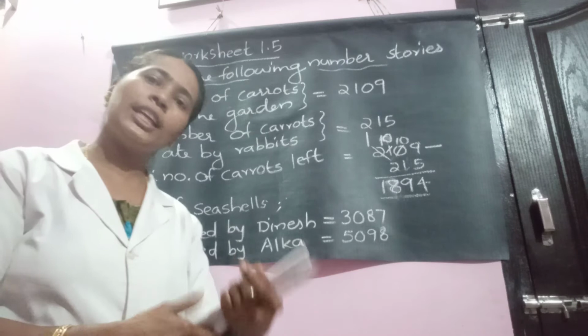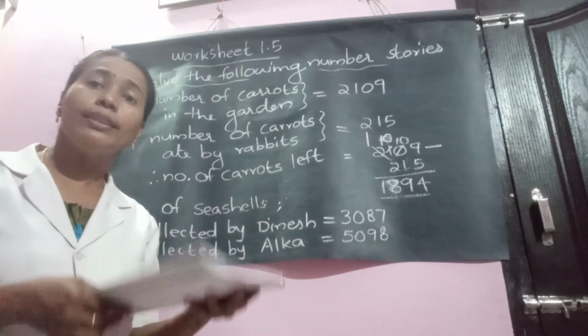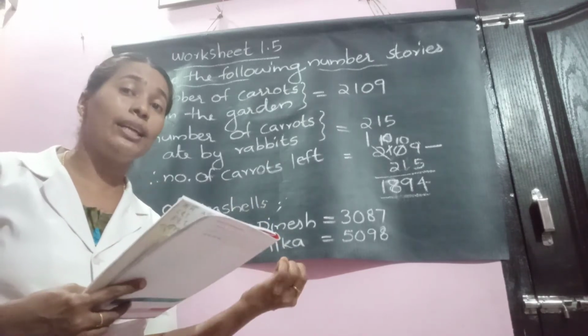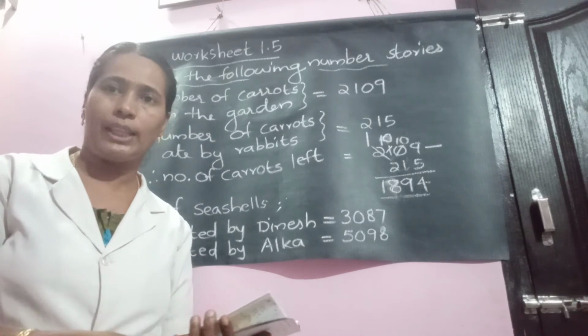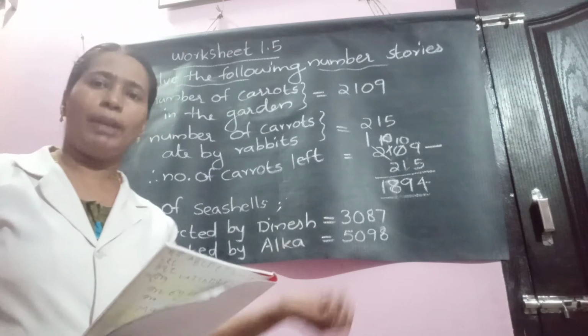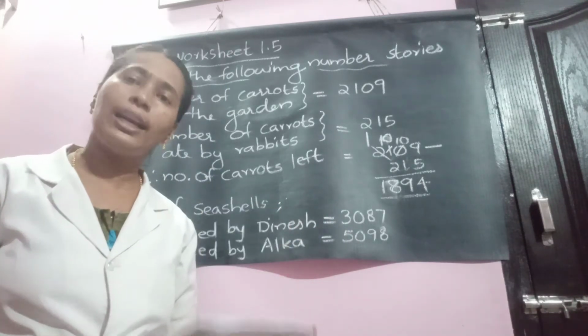Isn't it? Let us move to another story. What is the other story? Dinesh and Alka collect seashells. We also do this when we go to the beach or some other places. We begin to collect seashells, isn't it? Here one boy is Dinesh and the other is Alka.